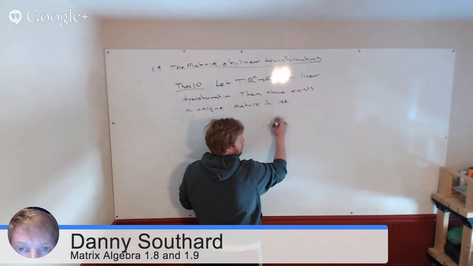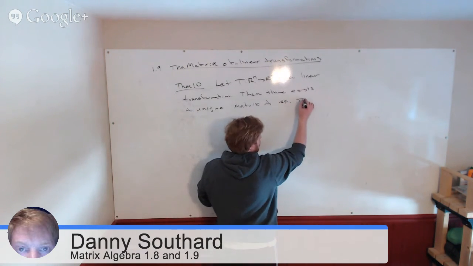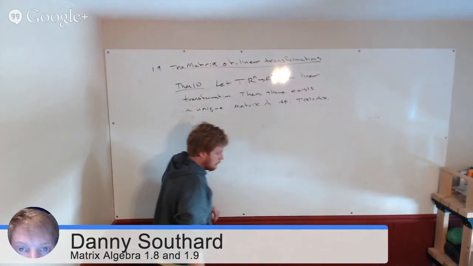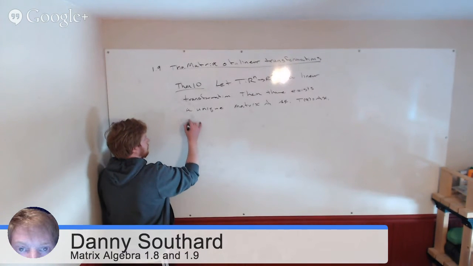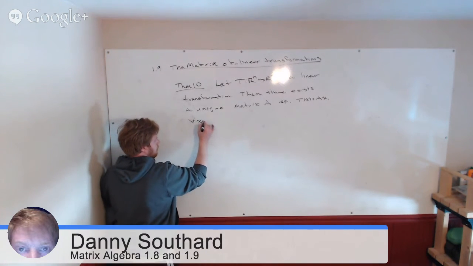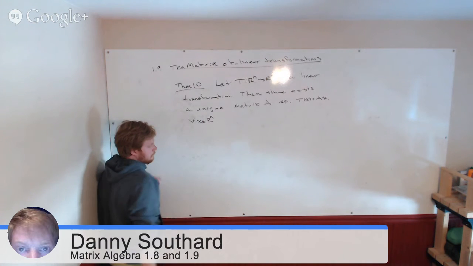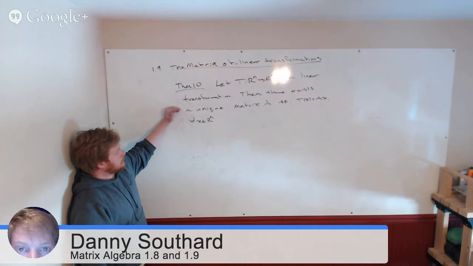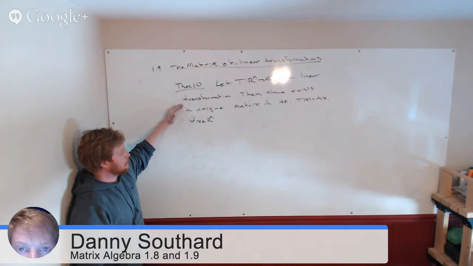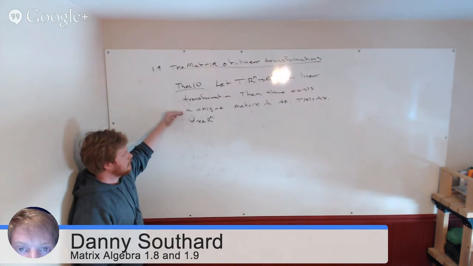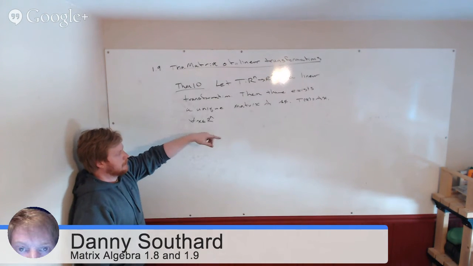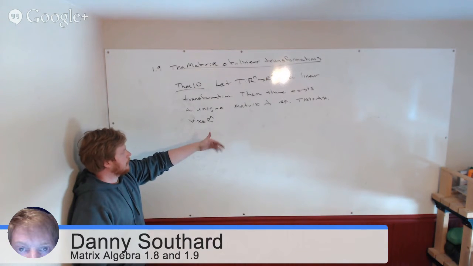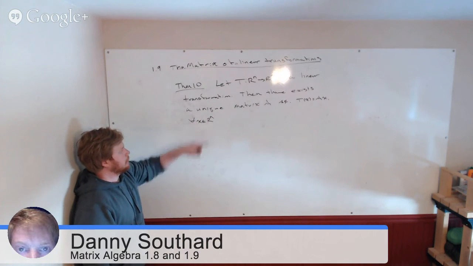Say we know T is a linear transformation, then there must exist a unique matrix A such that we can model the transformation T as the multiplication of A times any vector x in the domain Rn.